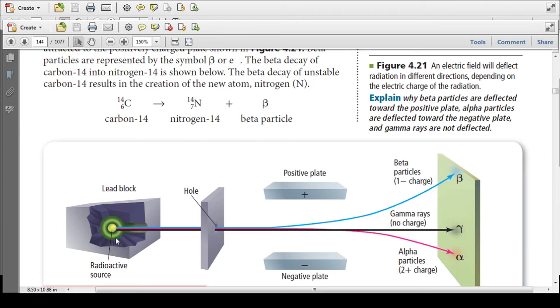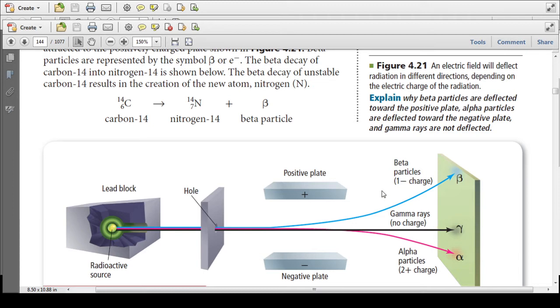When that radioactive energy was shot through a tiny little hole and in between a positive and a negative plate, they noticed that the beta particles shifted towards the positive plate and that the alpha particles shifted towards the negative plate. And then what they also noticed was a third type of energy that was not influenced at all by the magnetic field.